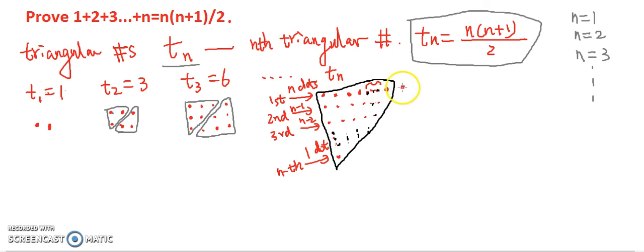So the first row has 1 dot. The second row, we have 2 dots, so we're going to put 1 below and right here. And then we have 3 dots, and so on, and then continue.